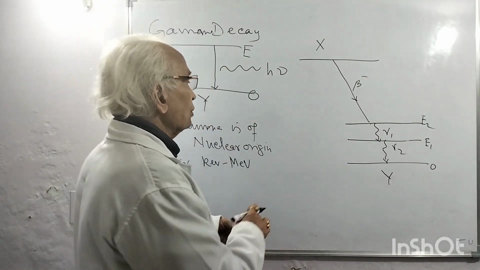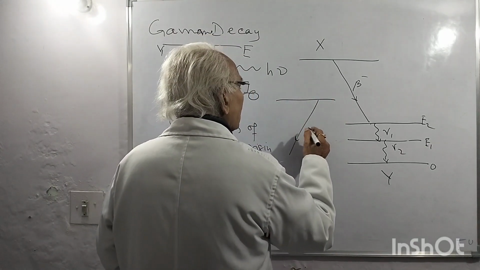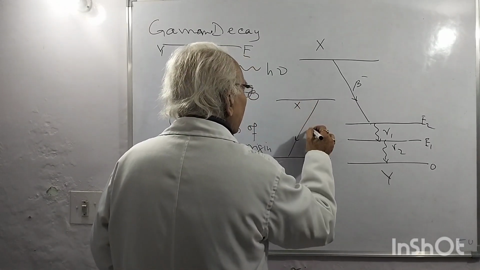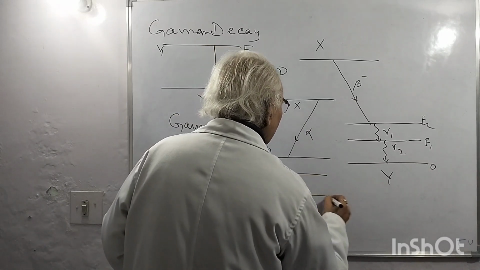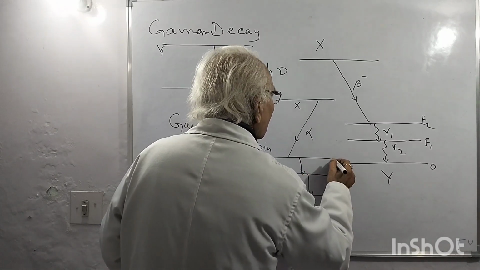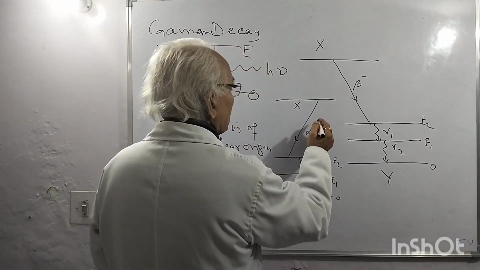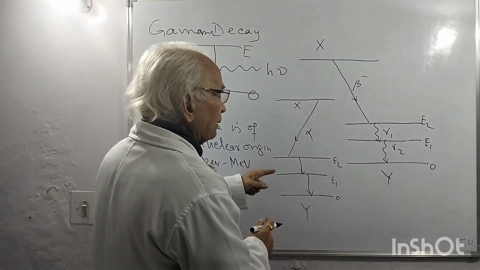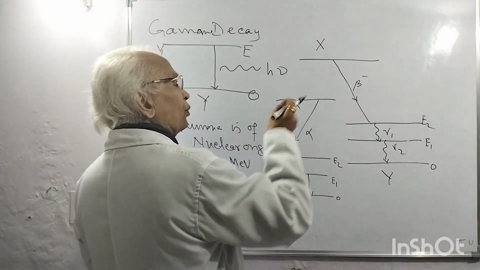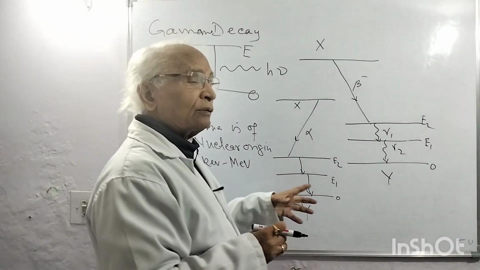Similarly with alpha decay also. In alpha decay we have alpha coming out from X, and we get Y. We draw this on this side because the charge is changing. 2 units of charge are going with the particle, so the residual system has less charge.